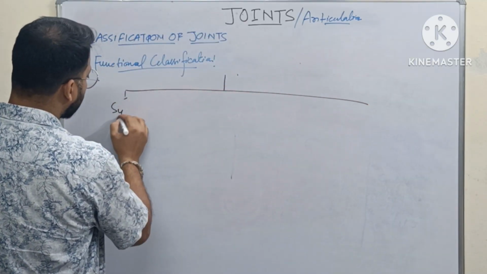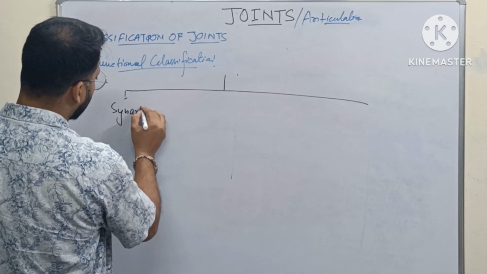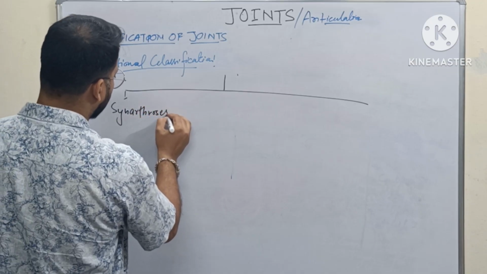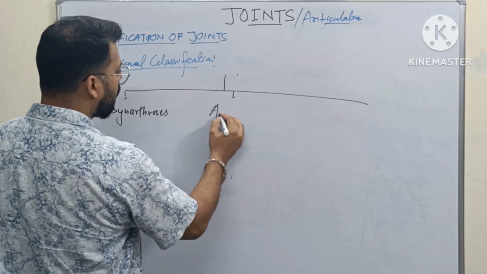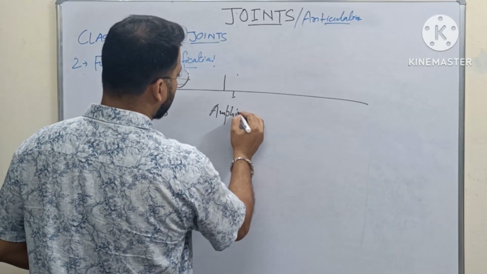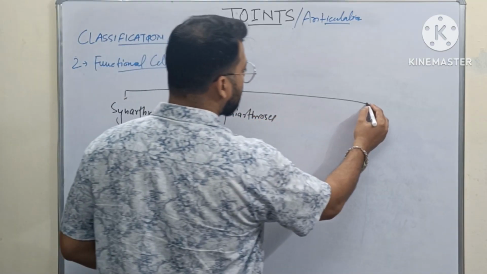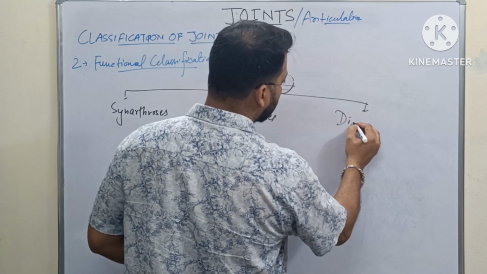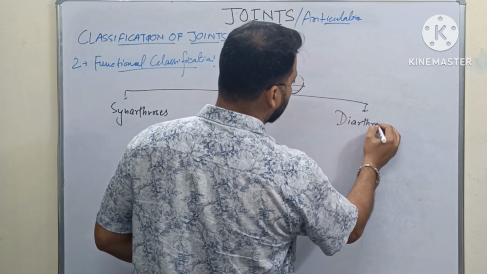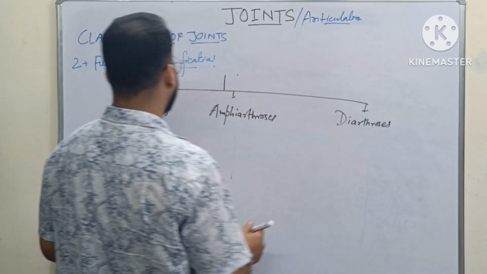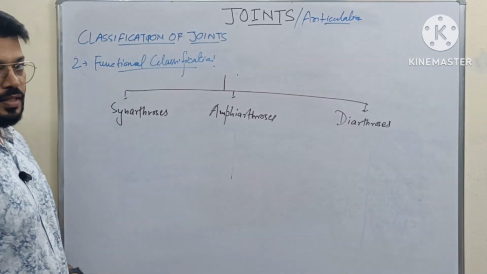First is synarthrosis. Second is amphiarthrosis. And third is diarthrosis. Okay, this is the functional classification.